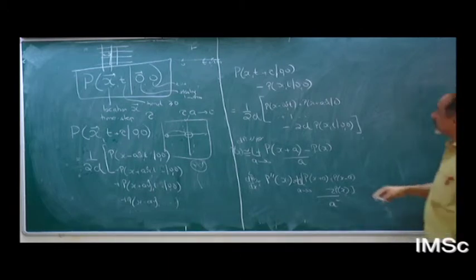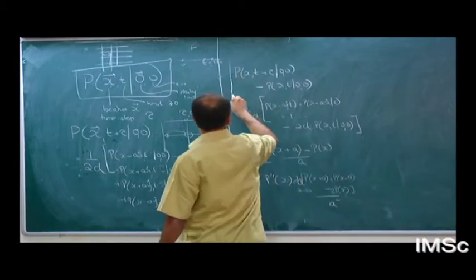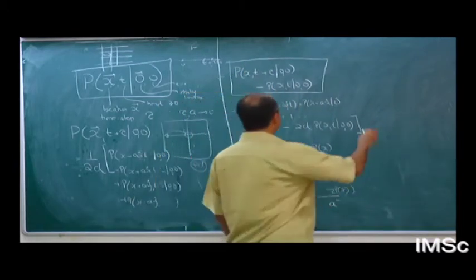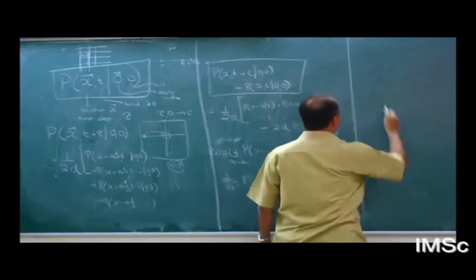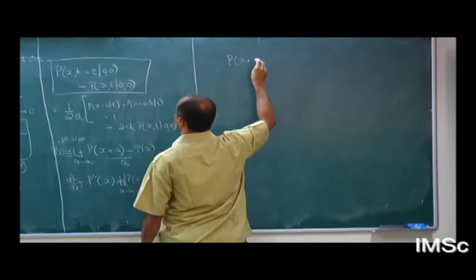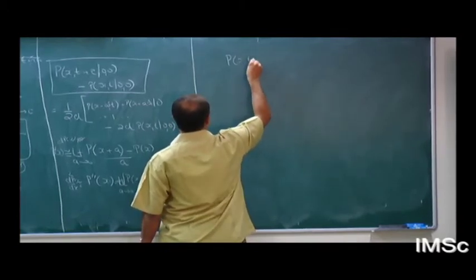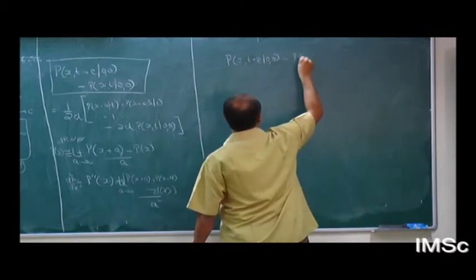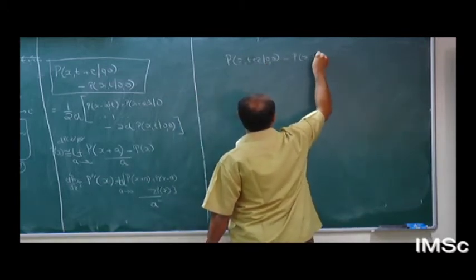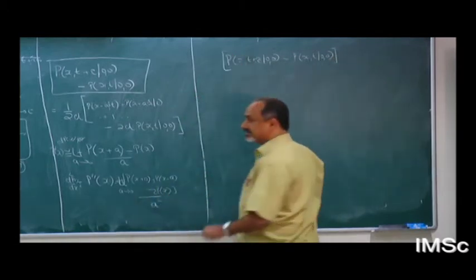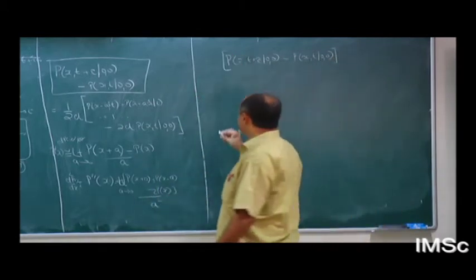So first of all, this quantity on the left hand side that involves tau, I can write that as p of x comma t plus tau given 0, 0 minus p of x comma t given 0, 0. That is this quantity that I had on the left hand side. I'm going to multiply and divide by tau.